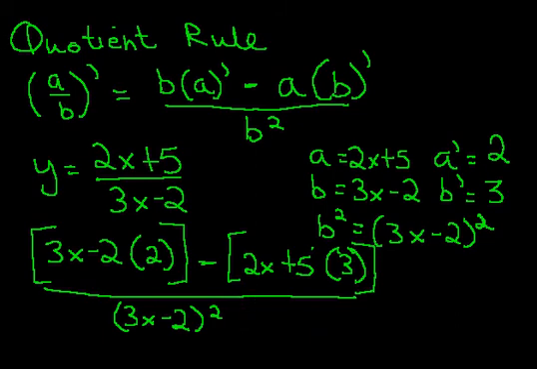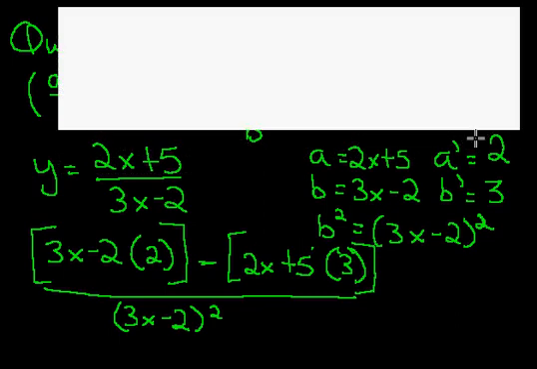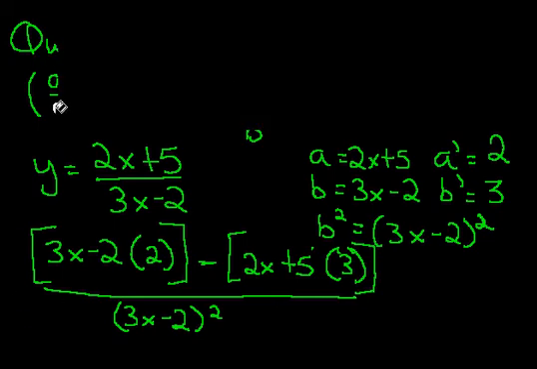I don't have any space again, so I'll continue up here. I'm going to erase the quotient rule. You can always go back and look at it again. But we can simplify this.